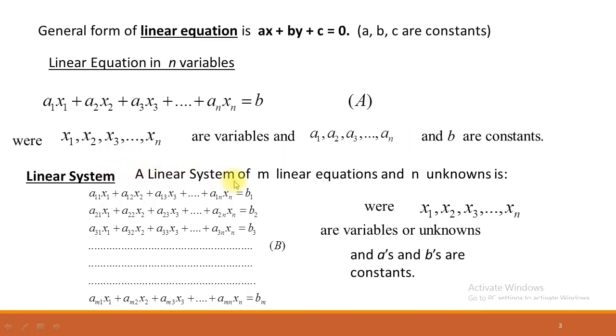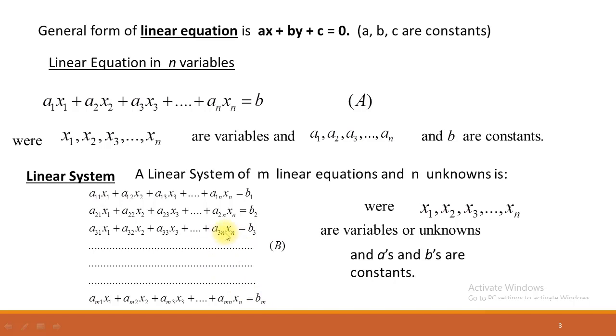Now, a system of linear equations. A linear system of m linear equations and n unknowns is a11x1 plus a12x2 plus a13x3 plus and so on plus a1nxn is equal to b1, and another equation a21x1 plus a22x2 plus a23x3 plus and so on plus a2nxn is equal to b2. So up to m equations, am1x1 plus am2x2 plus am3x3 plus and so on plus amnxn is equal to bm.